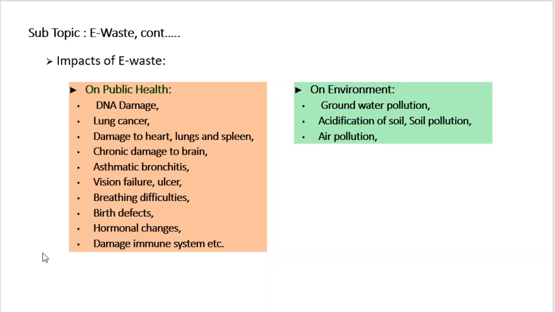So here we can see the impacts of e-waste. Before going to that, here we can see the effects of e-waste. The first one is on public health: DNA damage, lung cancer, damage to heart, lungs or spleen, chronic damage to the brain, asthma, bronchitis, vision failure, ulcers, breathing difficulties, birth defects, hormonal changes, damage to the immune system, etc. So those are the effects of e-waste on human health.